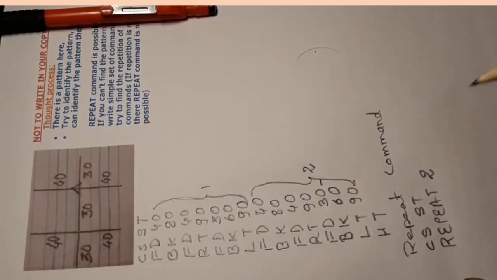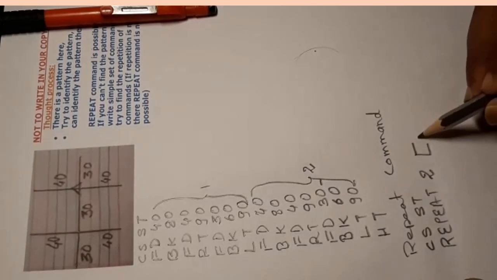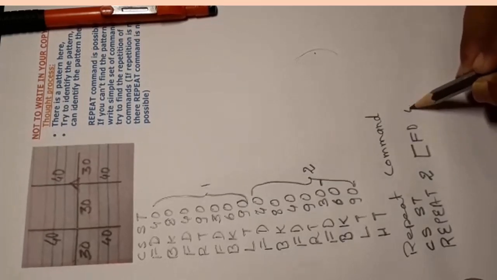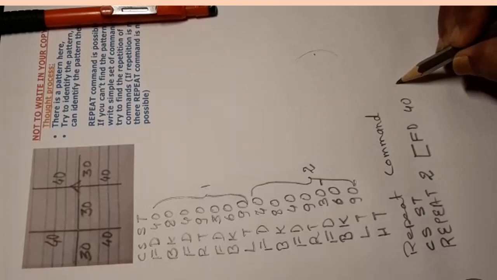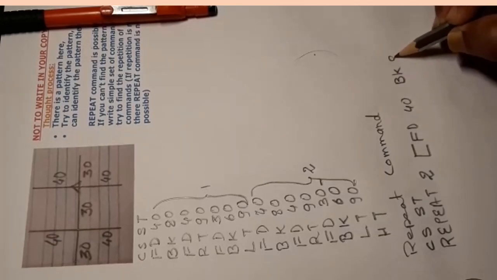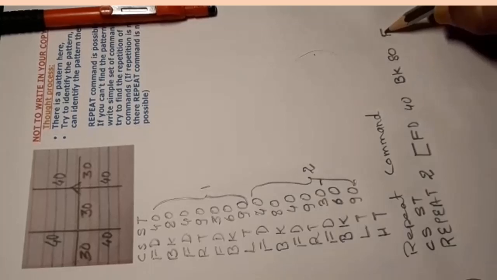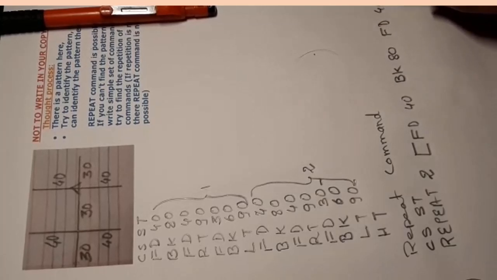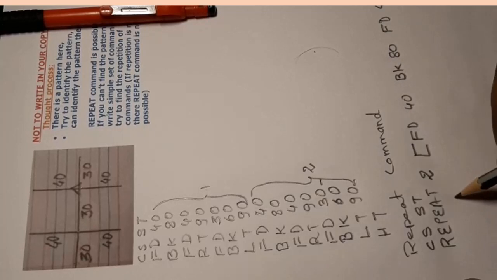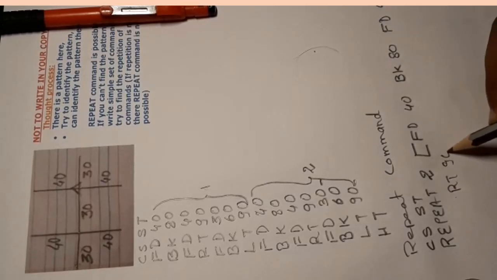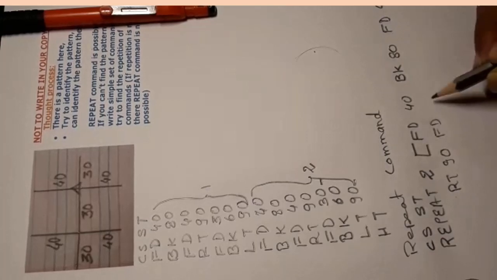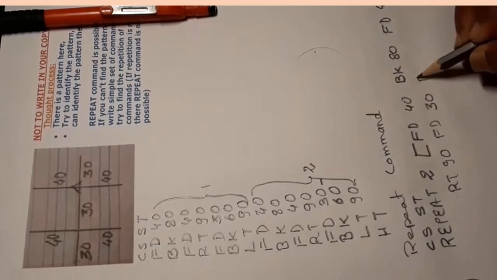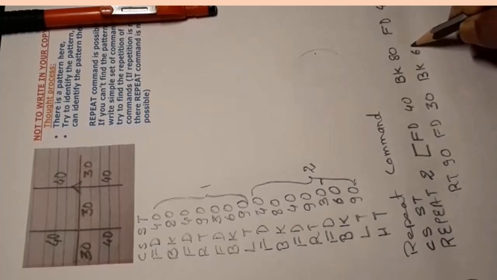Repeat 2, FD40, BK80, FD40, RT90, FD30, BK60, LT90, then HT. I hope you have understood.